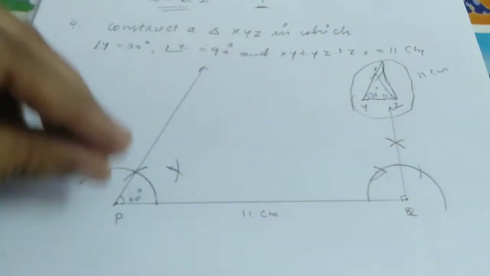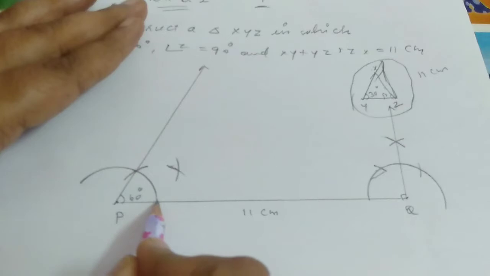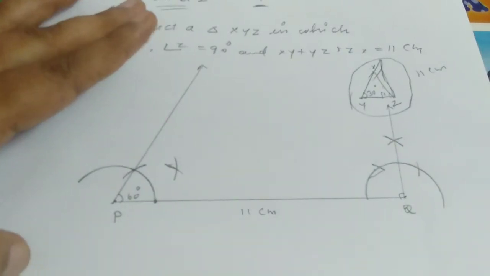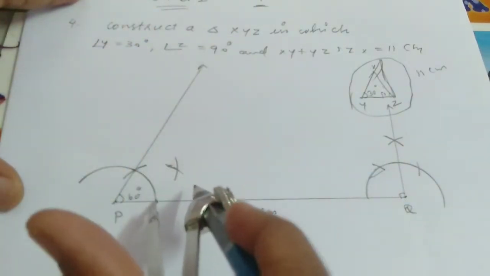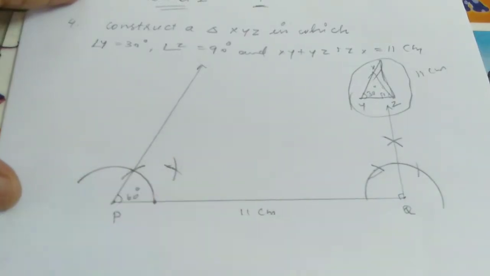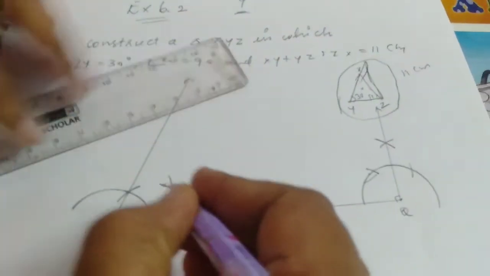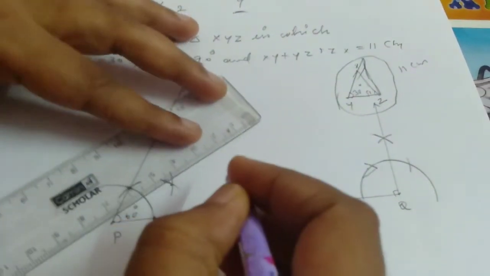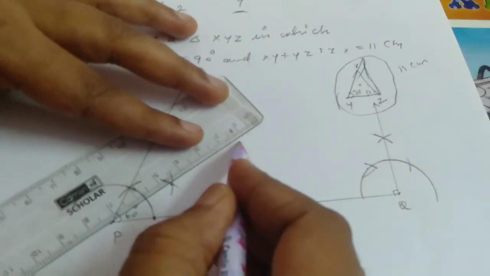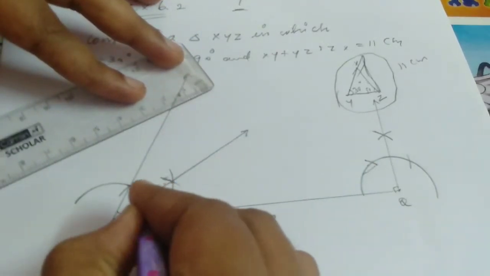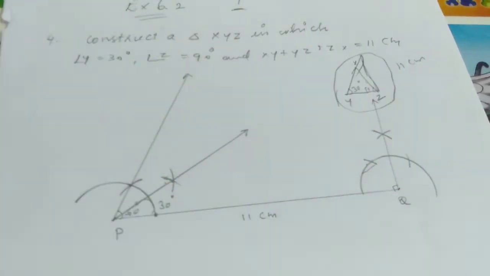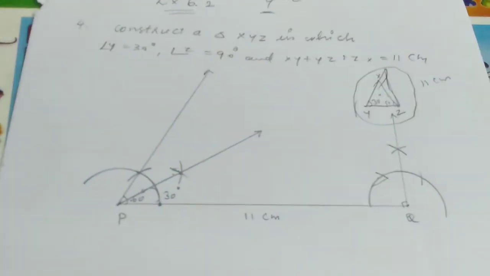Then keep the compass here, cut one arc, and this side cut one arc. Now join the intersecting point through P. So this is now the required 30 degrees. This step is over.